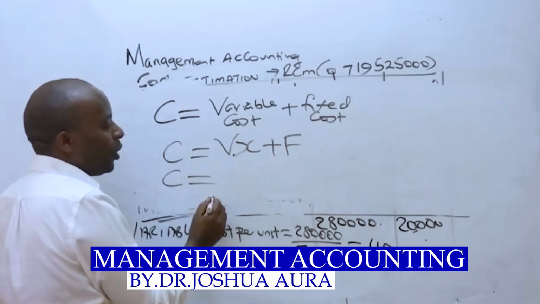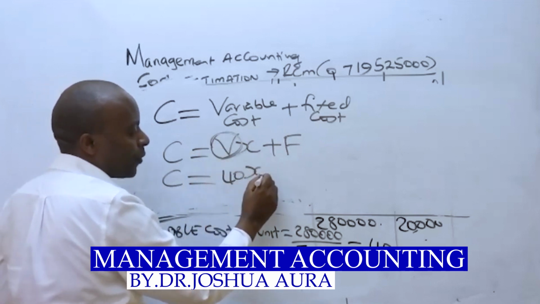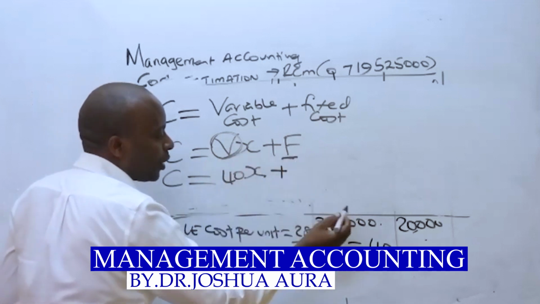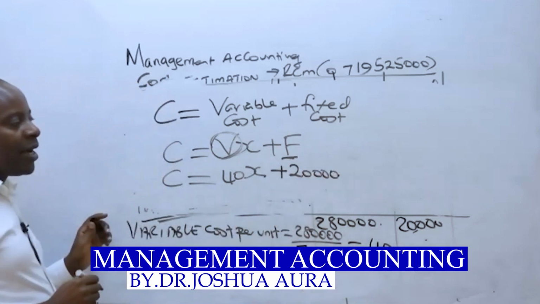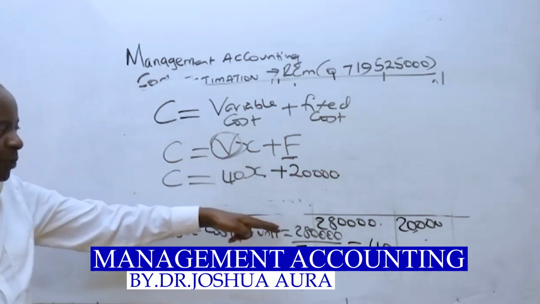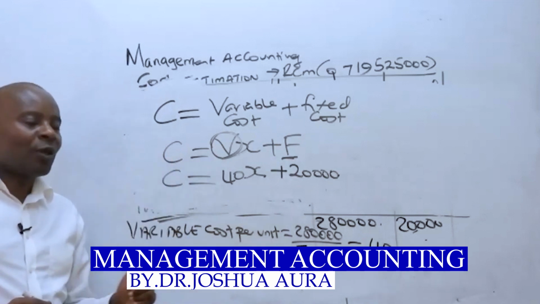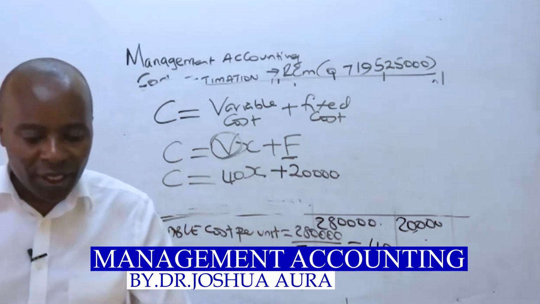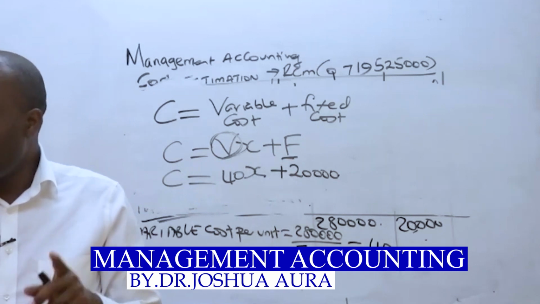My cost here will be equal to the variable cost per unit of 40 times the number of units, which can fluctuate, plus fixed cost of 20,000. Remember, X is 7,000 for this particular cost estimate, but I needed an equation that can flex. So now we have a cost equation arising out of the account analysis method.